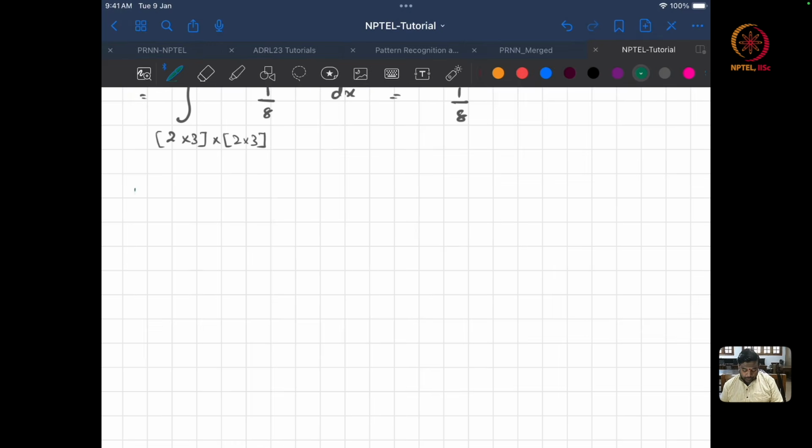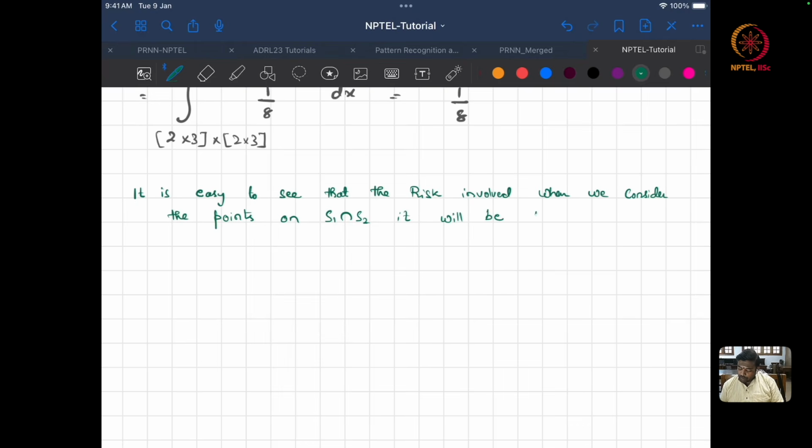So now it is easy to see that the risk involved when we consider the points of S1 intersection S2 will be 1 over 8.